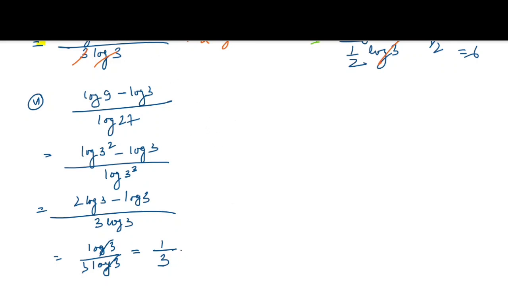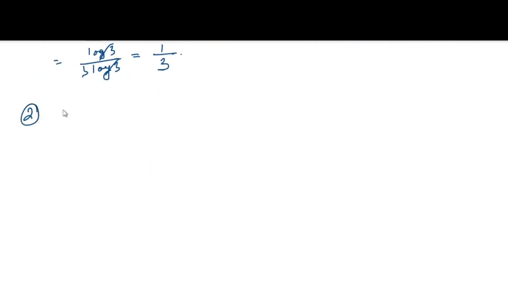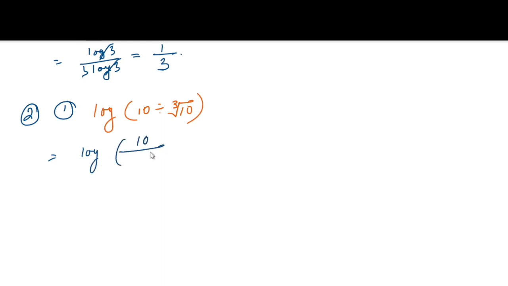Next, question number 2.1: log 10 divided by this. How to solve that? We'll write log 10 divided by this. Now you can see log m by n; what is the formula of this? Log m by n is log m minus log n.